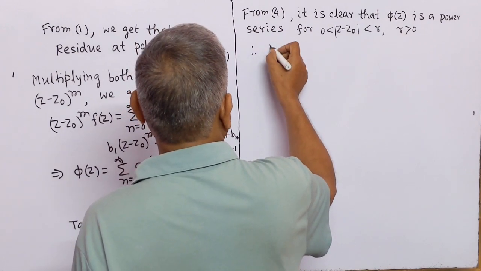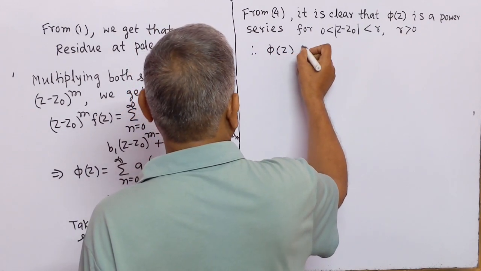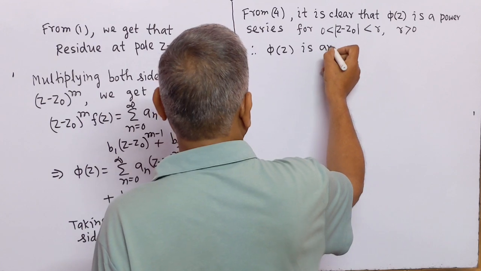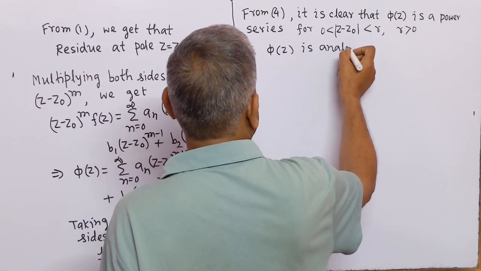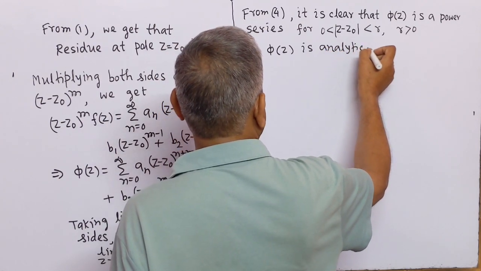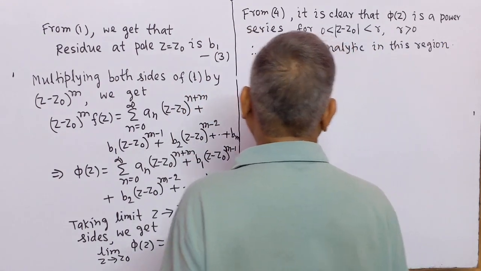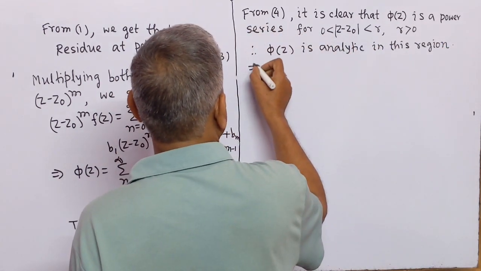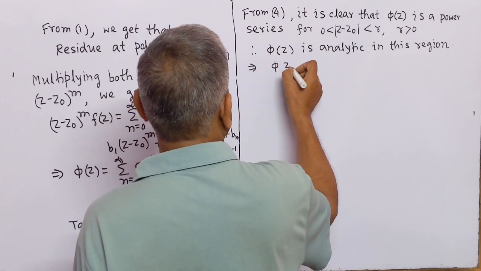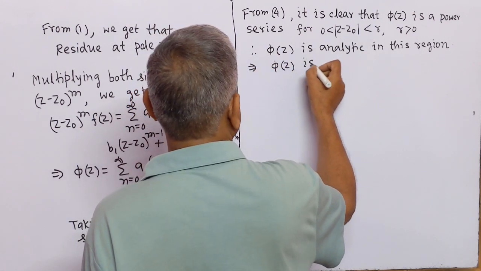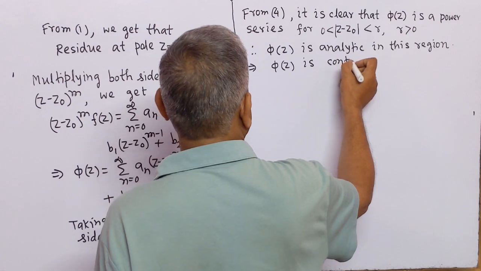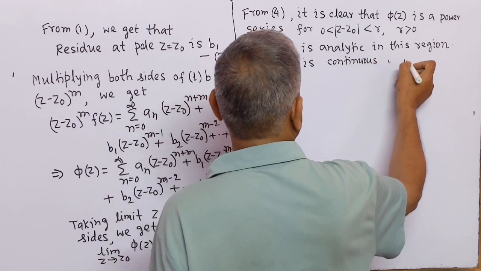Therefore, phi(z) is analytic in this region, which implies that phi(z) is continuous in this region.